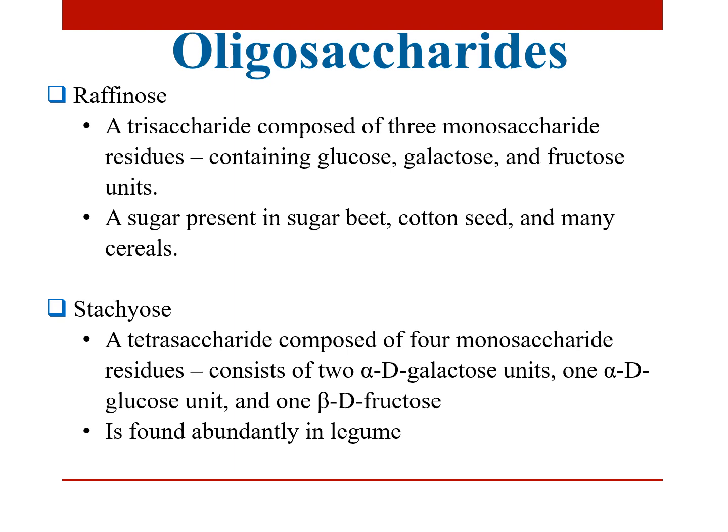And then you have stachyose, with four sugar moieties: two alpha D galactose, one glucose, and one fructose. Found abundantly in legumes.